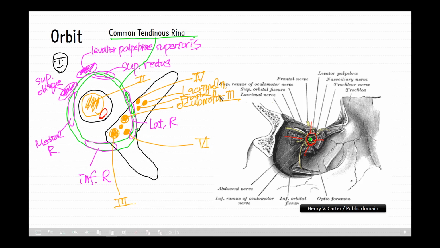And the inferior orbital fissure, one more important structure, superior ophthalmic vein, and the inferior ophthalmic vein passing through the inferior orbital fissure.